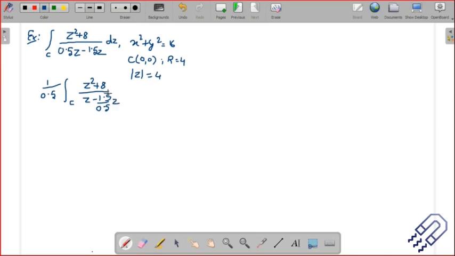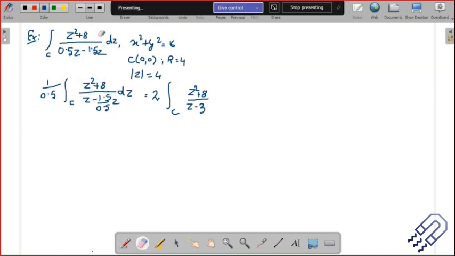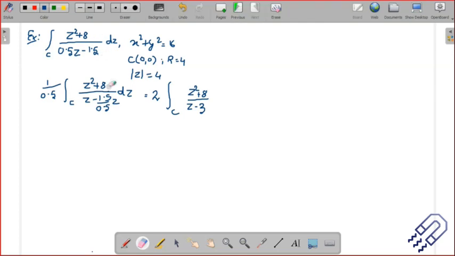And dz, I'll just put dz there, and then 1 divided by 0.5 is 2, integration over c, z square plus 8, and then this is nothing but z minus 3. Oh sorry, I think I put a z there extra. It's not needed, obviously. This z is not there.